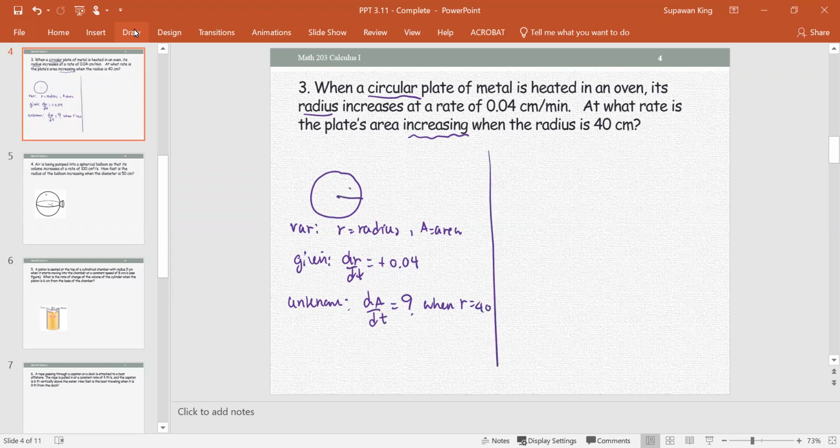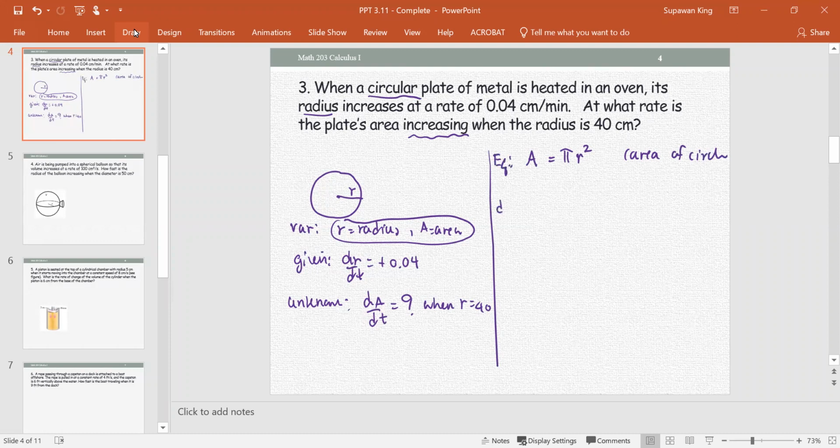For the circle with radius r, the equation that shows the relationship of these two variables is the area of the circle, A equals pi r squared. We have the equation.